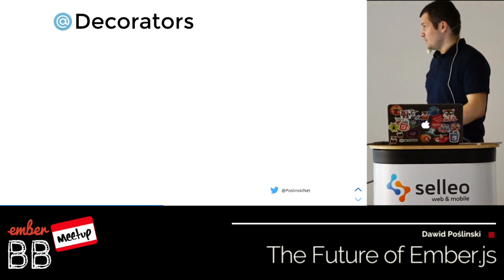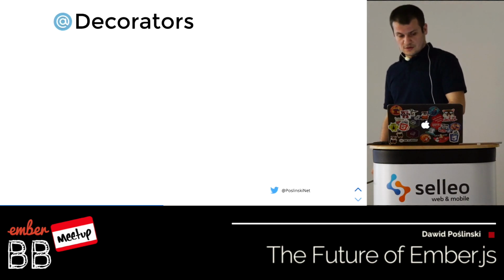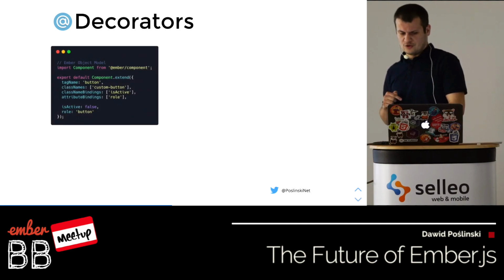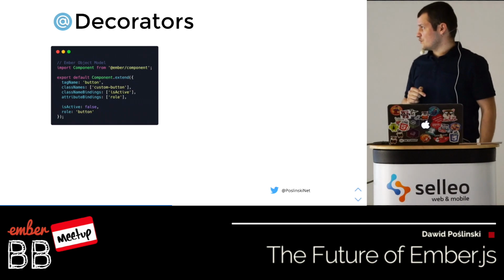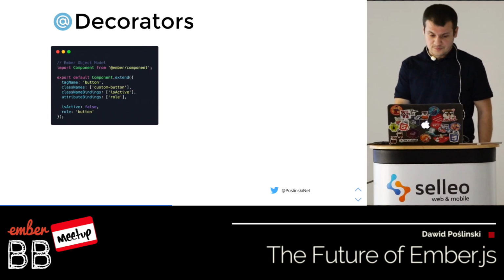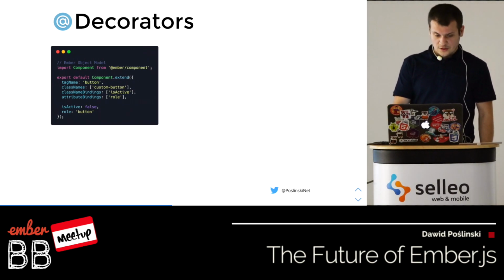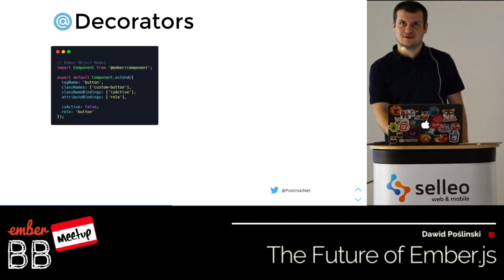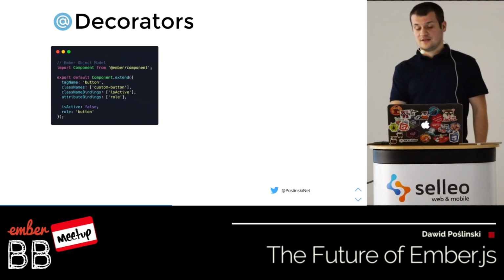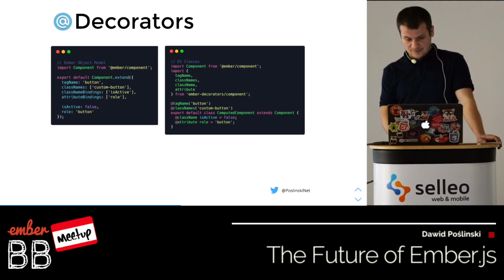One of the cool features that was already on the previous slide was decorators, which are sort of, I would say, class-related helpers. I mean, class-related with Ember in our case.